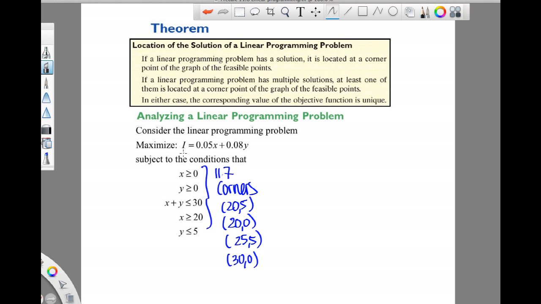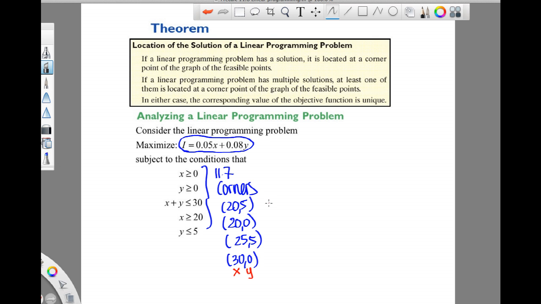This is where we're going to use this equation. This equation depends on an x and a y, and that's what we have here. Here's the x variable, and here's the y variable. So we're going to plug in these values and see what I would be worth.